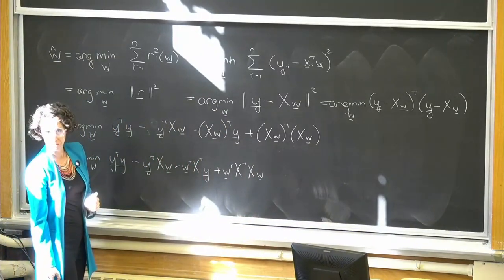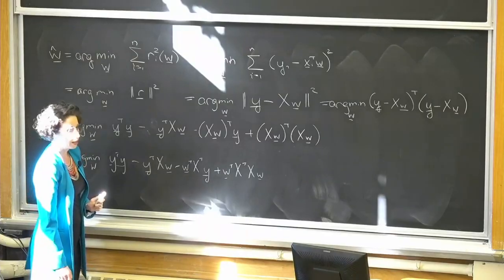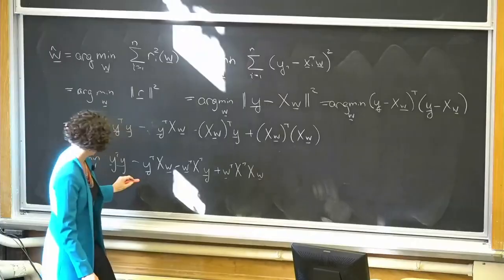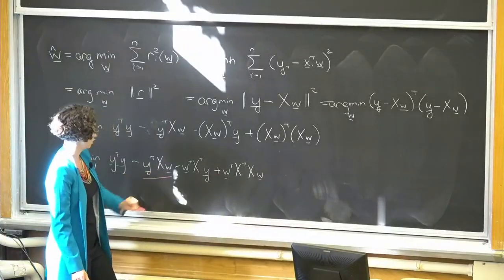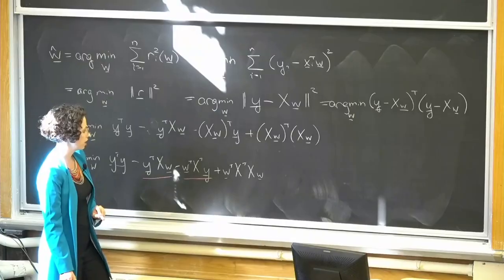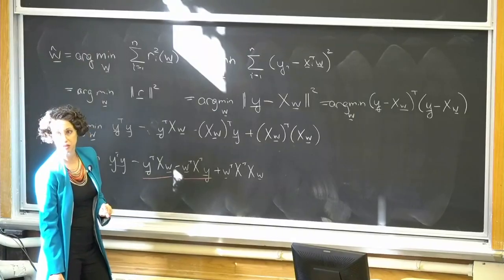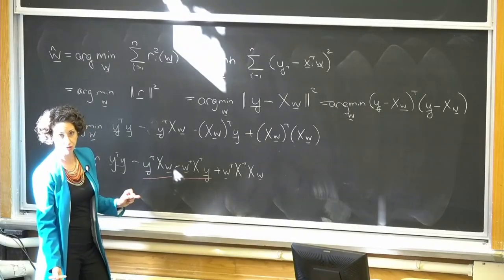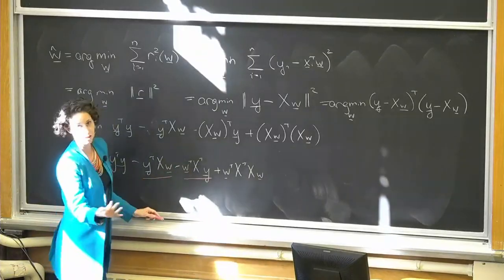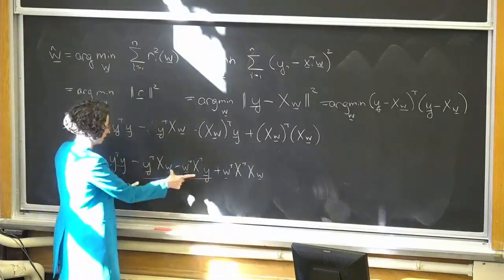And the final thing that I'm going to do is use the fact that y transpose xw and w transpose x transpose y are the same thing, right? They're both scalar values. I've written one as the transpose of the other, but since they're scalars, transposes don't matter, so they're exactly the same thing.